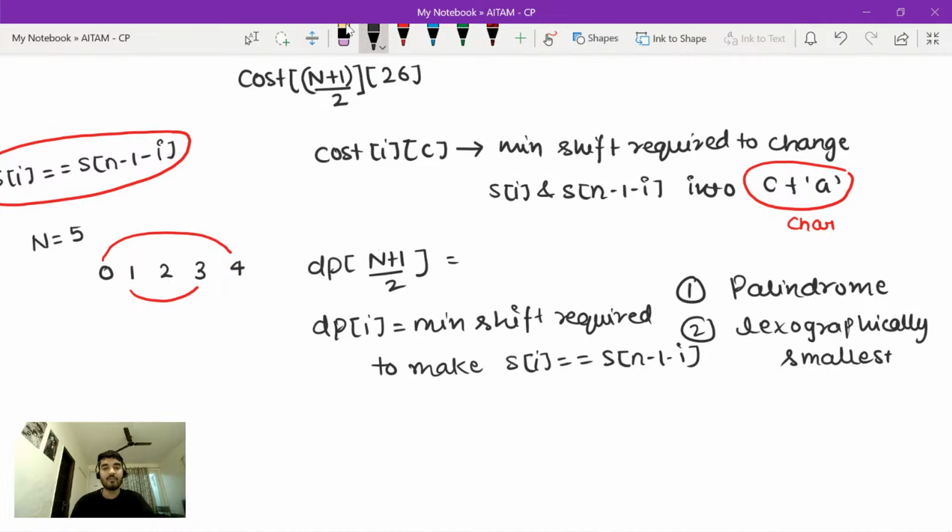So what is the value of this dp of i? The value of this dp of i is simply equal to the minimum of cost of i and c, for all the values of c in the range from 0 to 25, because we could have any character at position i.